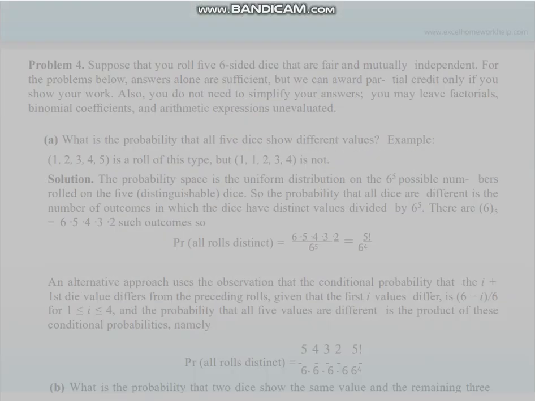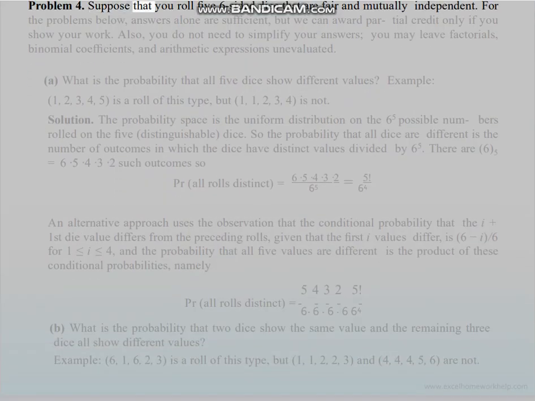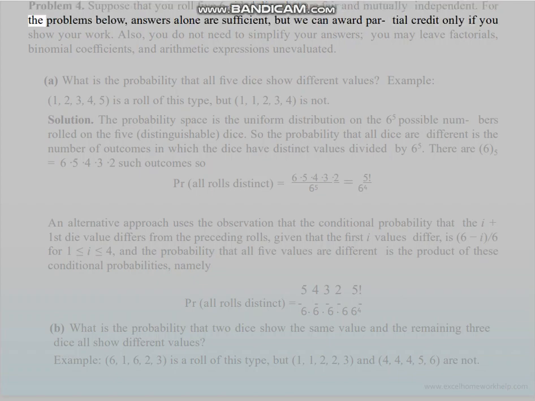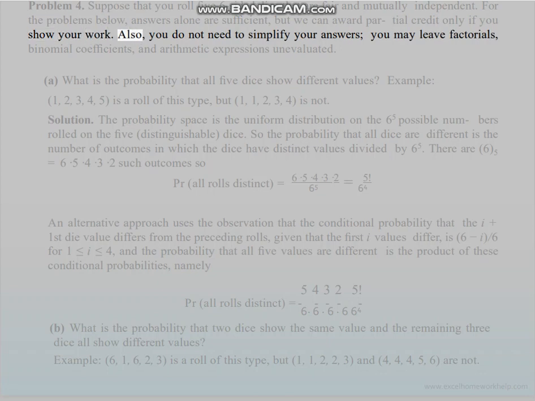Problem 4. Suppose that you roll 5 six-sided dice that are fair and mutually independent. For the problems below, answers alone are sufficient, but we can award partial credit only if you show your work. Also, you do not need to simplify your answers.